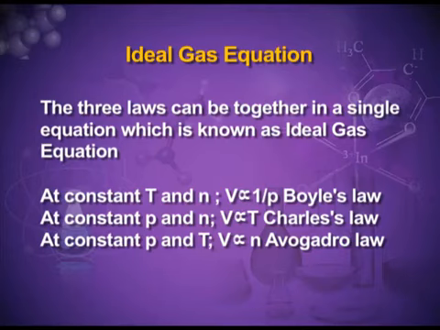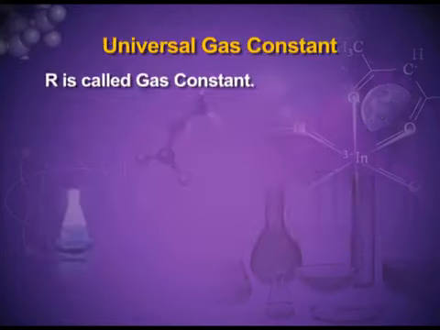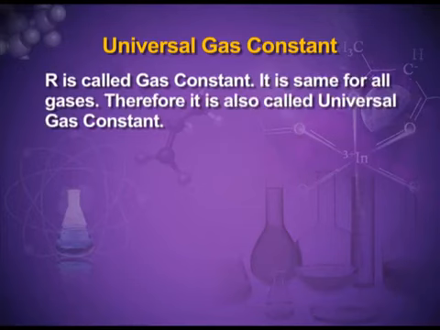When we put together all these three laws, the equation will be PV equals nRT, where R is the universal gas constant. It is the same for all gases, therefore it is also called the universal gas constant.